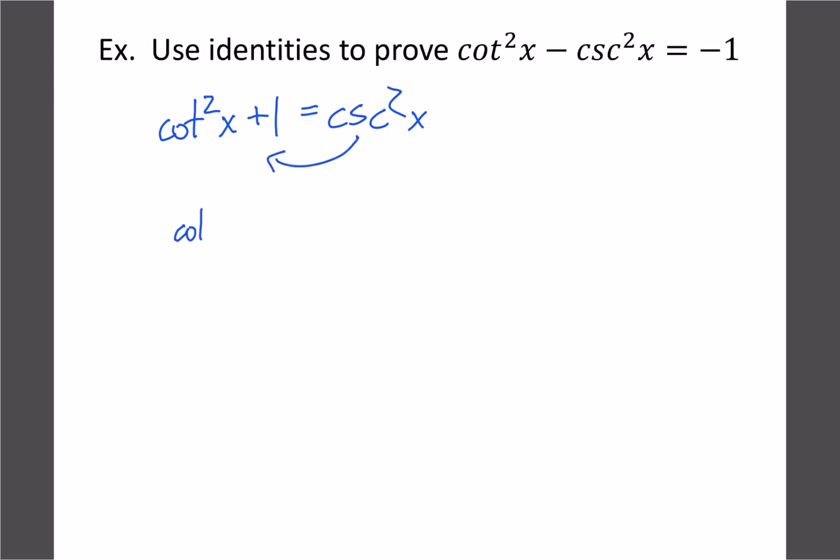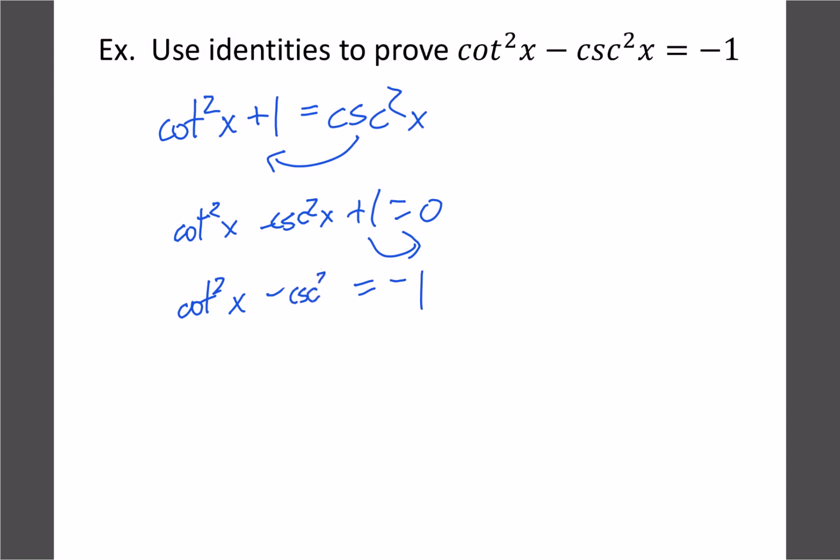So we'd have cotan squared minus cosecant squared plus 1 equal to 0, and then let's bring the 1 to the other side. So we have cotan squared minus cosecant squared equals minus 1. And that's it. We've actually already proved it because all we had to do was rearrange the main equation that was given to us.